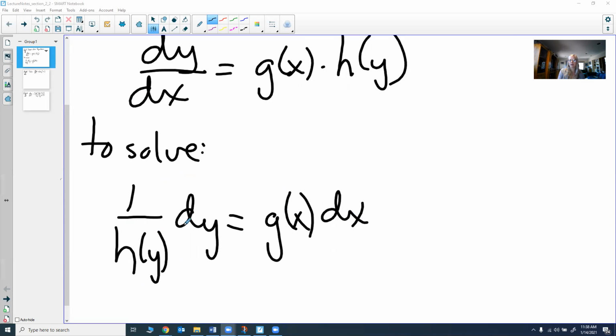We now have two different sides. The left-hand side only involves y, and the right-hand side only involves x, which means I can now just take the integral of both sides. So that's what we're going to do to solve this.